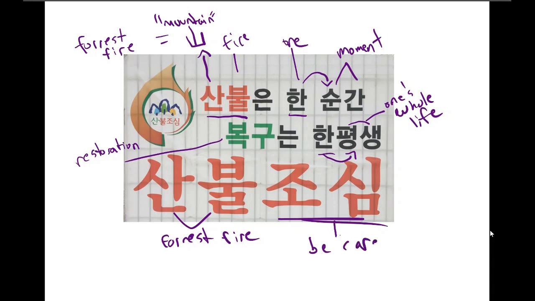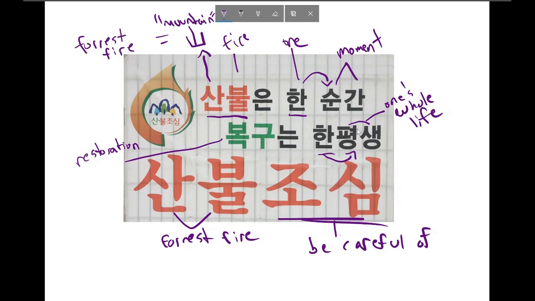Now, before I actually talk about what these two things are doing in this sentence, we could already sort of understand the meaning of this entire thing. This is saying forest fires, one moment, restoration or recovery, a whole lifetime.